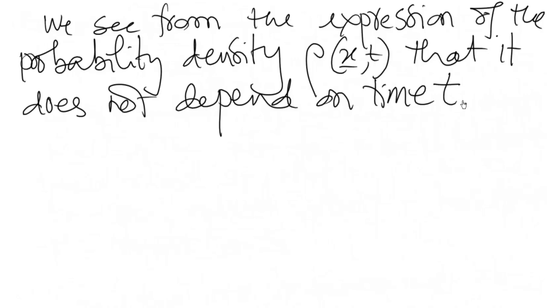And this kind of state for which the probability density is independent of time is known as the stationary state of the system.